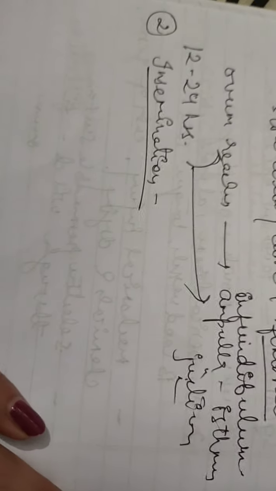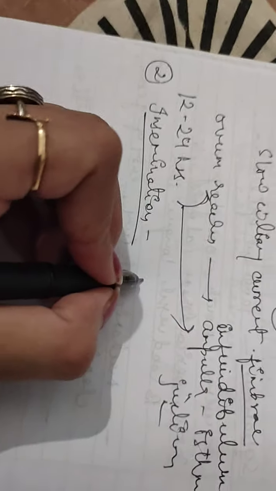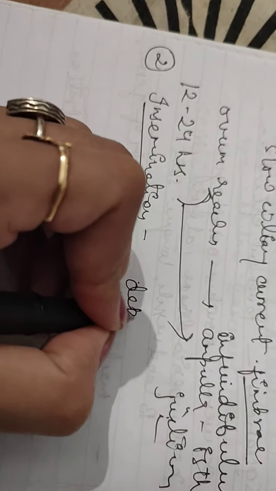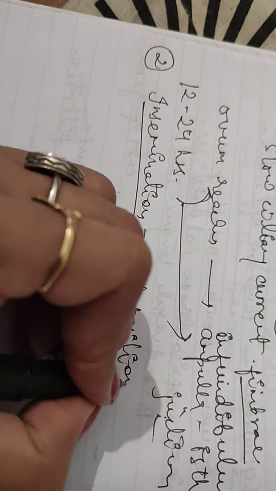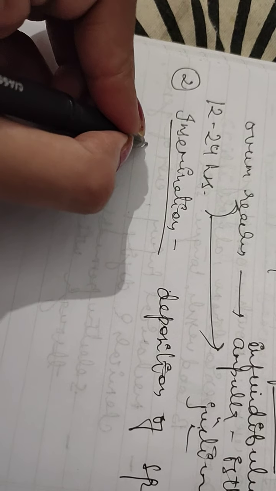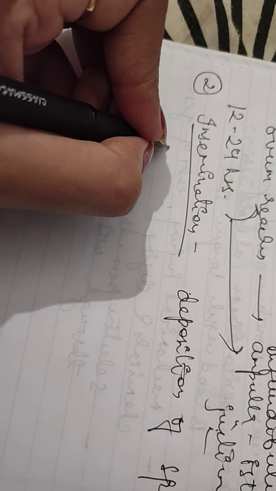Then the second is insemination. What happens in insemination? It is the process of deposition of sperm in the genital tract of the female during copulation or coitus.